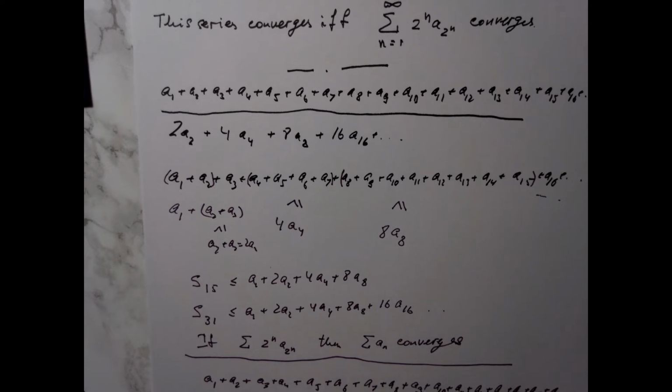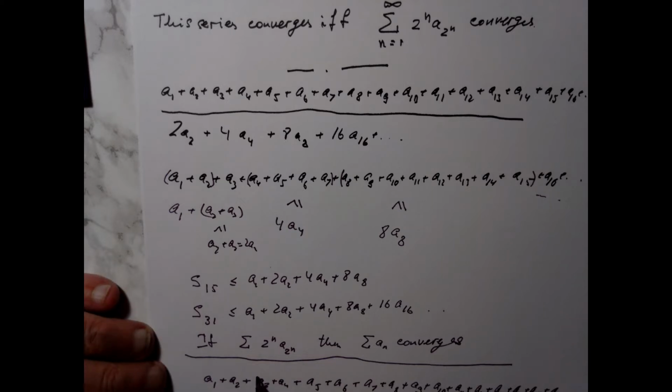I'm going to take A1 plus A2 just as they are, and then I'm going to take A3 plus A4. So now notice that this is greater or equal than 2A4. Agree? And these guys plus A sub 8.